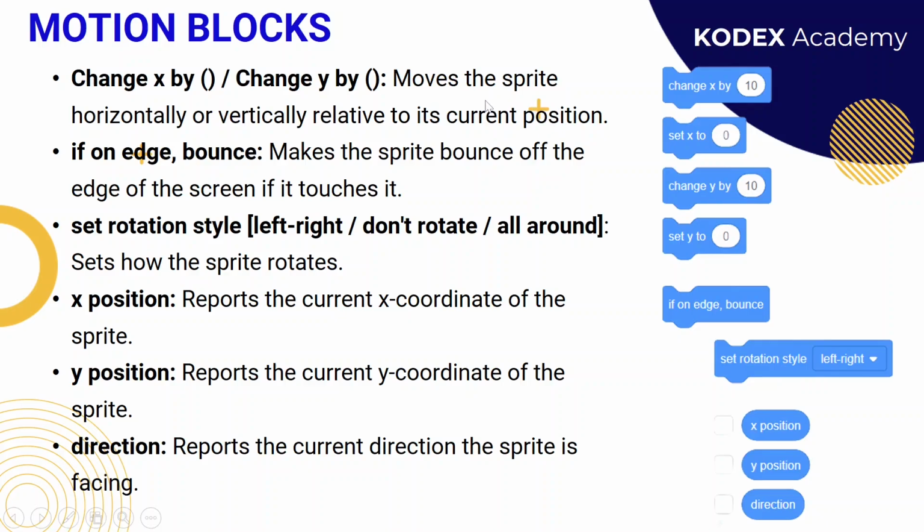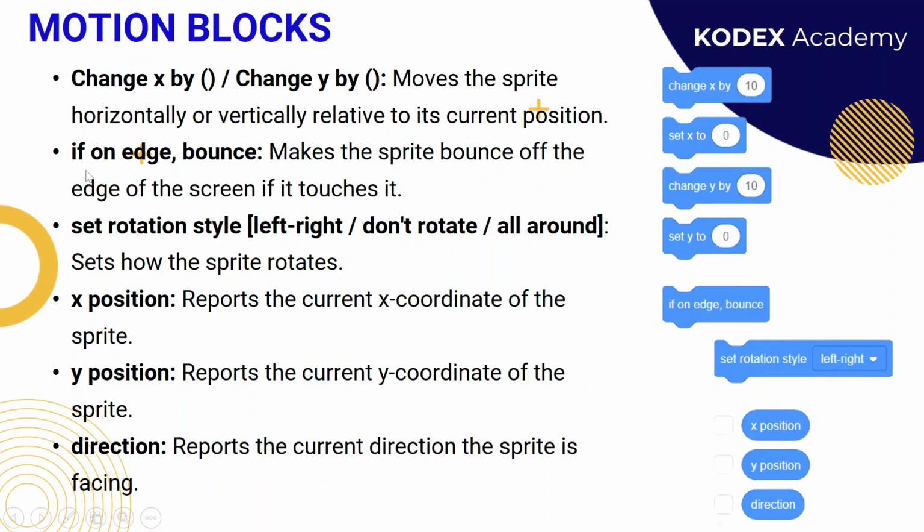Means the sprite has a specified X and Y position whenever you put the sprite on the sprite area. Here you can move the sprite horizontally by changing the X value and vertically by changing the Y value related to its current position with the help of this block.